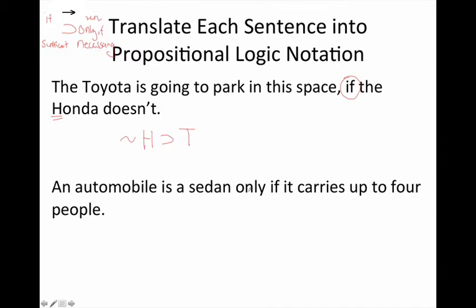Here we have an example of an only if. So only if is an expression that reflects necessity or exclusivity. Do you remember only if or only from categorical logic? And when we translated only in categorical logic, we translated whatever comes after only in the predicate position.